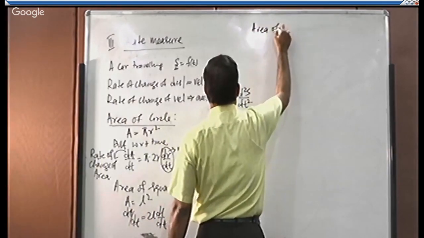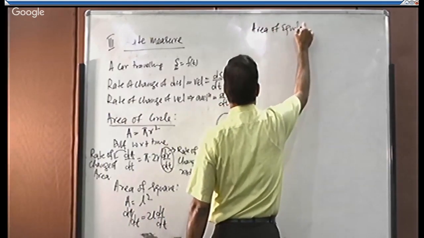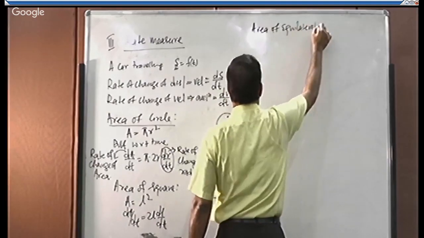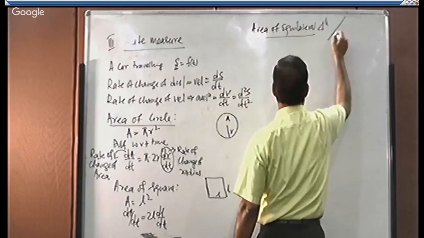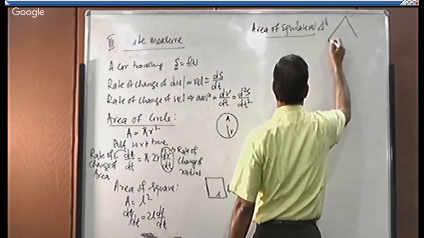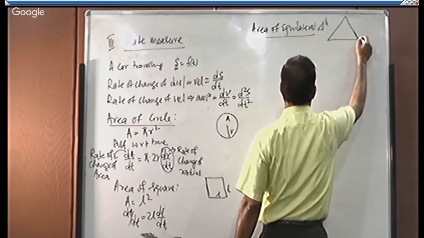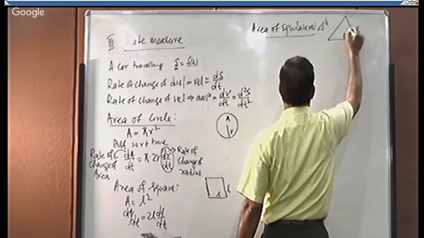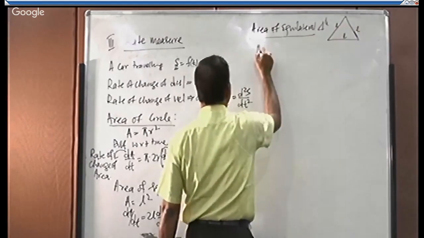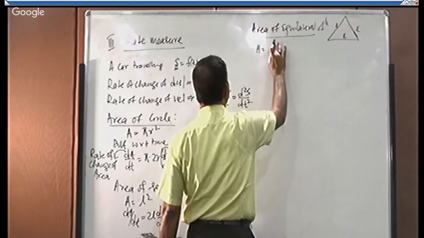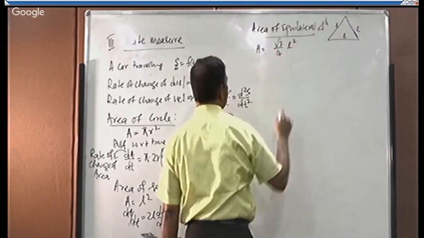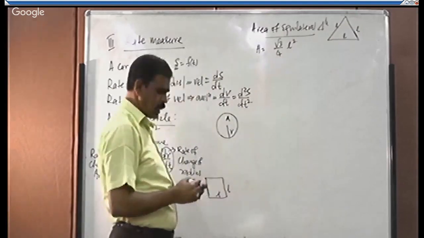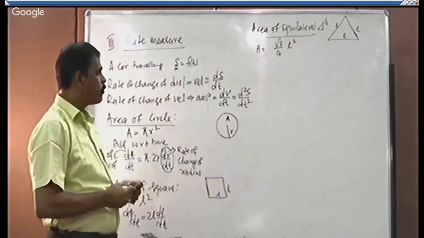Area of equilateral triangle. What is an equilateral triangle? All sides are the same. This is L, this is L, this is L. Area of equilateral triangle is root 3 divided by 4 into L square.